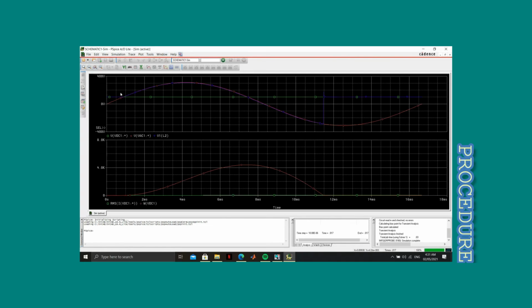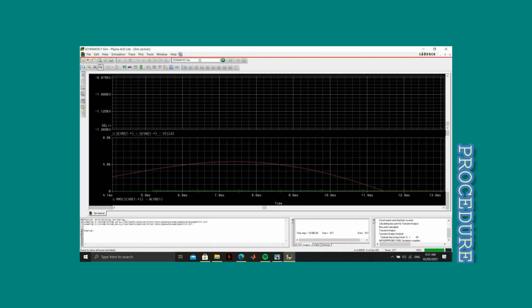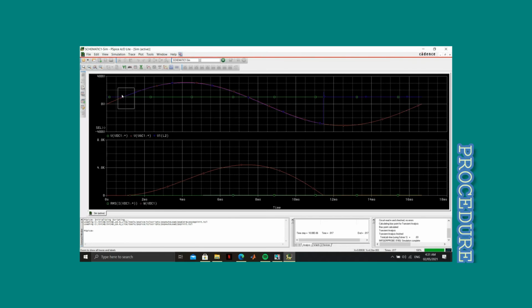So once again, at this point of intersection here, we could see that this would be the part where the waveform starts to rise.